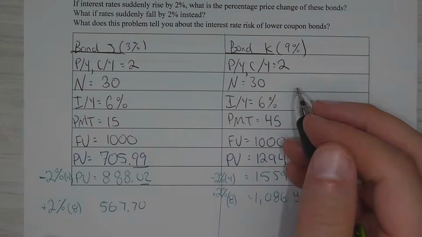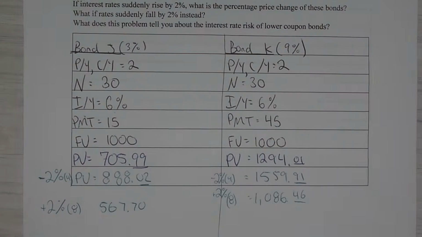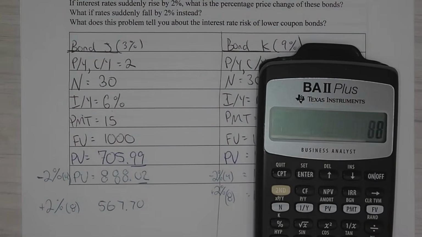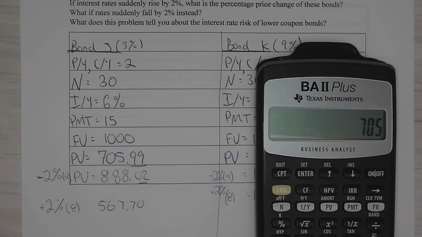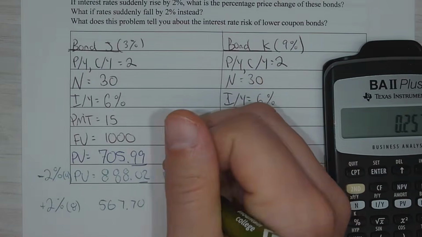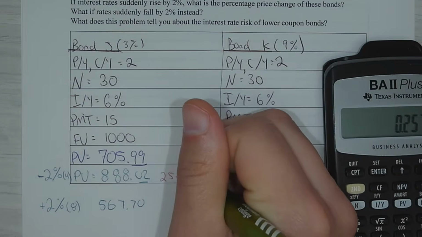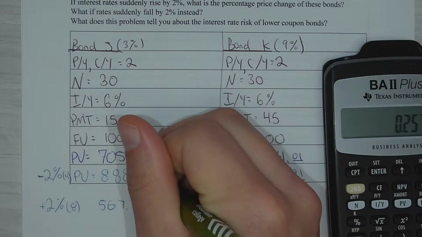Well, we need to determine the percentage price change of these bonds. So we'll start here, 888.02 divided by 705.99, minus 1 is 25.78%, which is a plus.